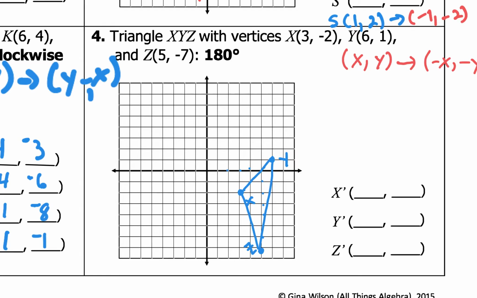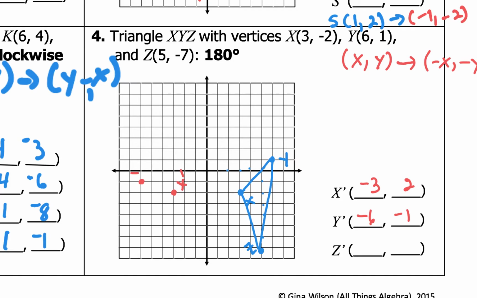X prime is going to be the opposite of 3, which is negative 3. And the opposite of negative Y is 2. So we have negative 3, 1, 2, 3, negative 2. So this is X prime. Y prime is going to be negative 6, negative 1. 1, 2, 3, 4, 5, 6, negative 1.